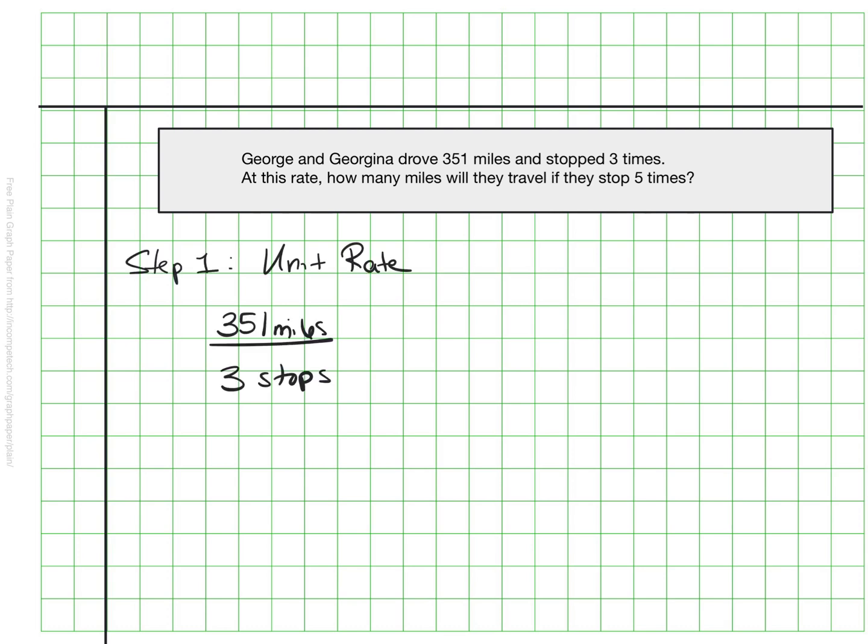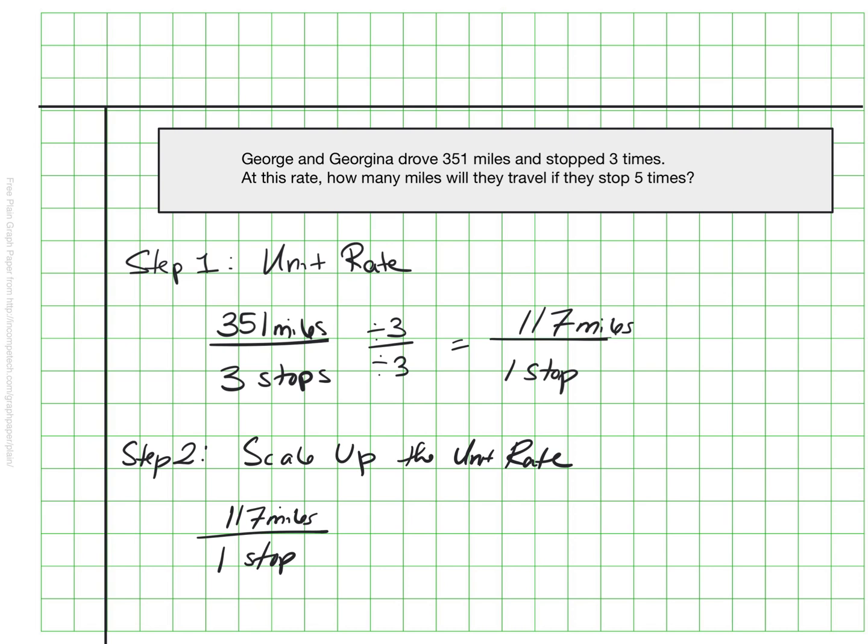This is multi-step, so the first step is to find the unit rate, which means we need to know how far they went every time they took 1 stop. So I'll divide this by 3 and do the same to the numerator. And 351 divided by 3 ends up being 117 miles per stop.